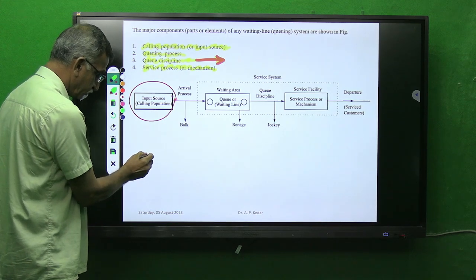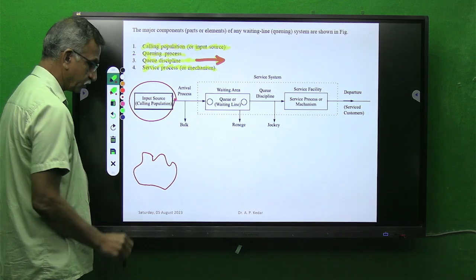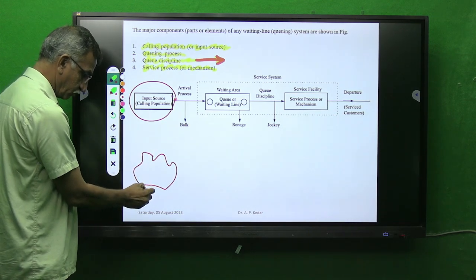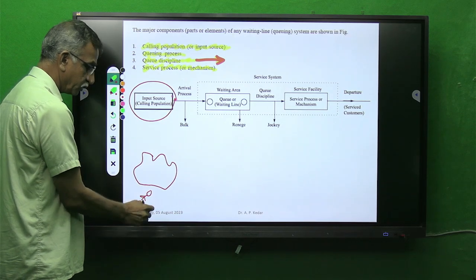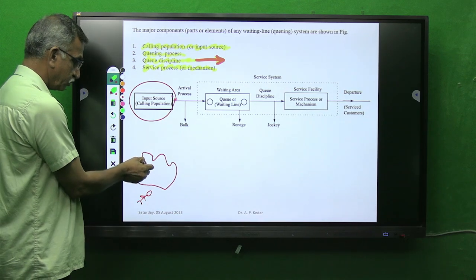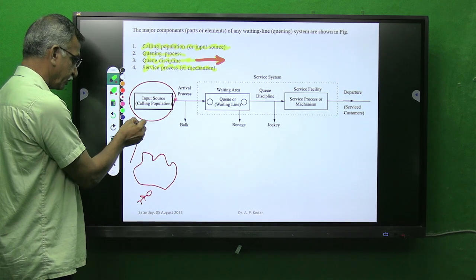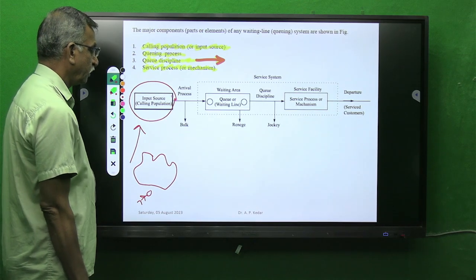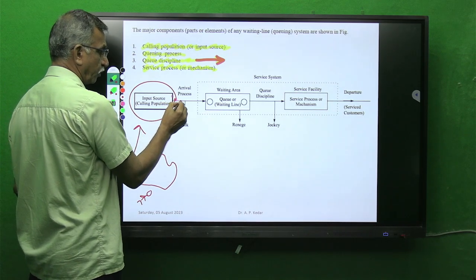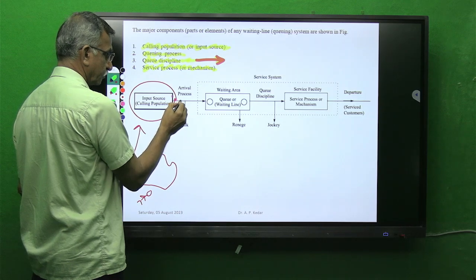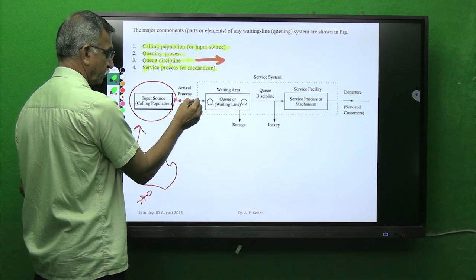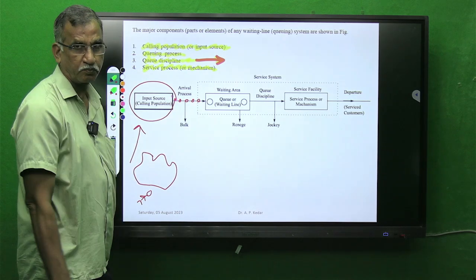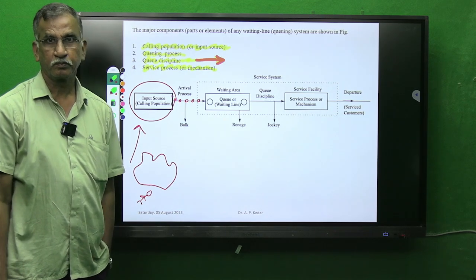If you recall, I have given this sketch and I have drawn something like this. So these persons are coming from this population. Then they form the part of the queue.